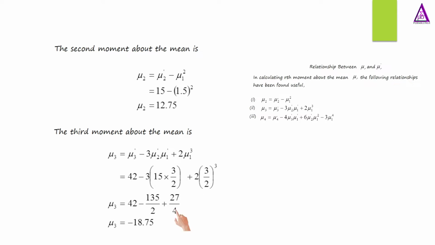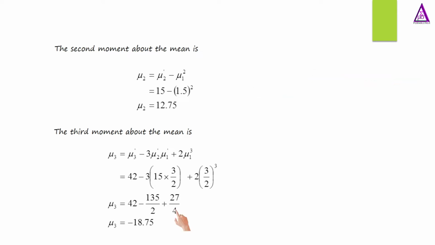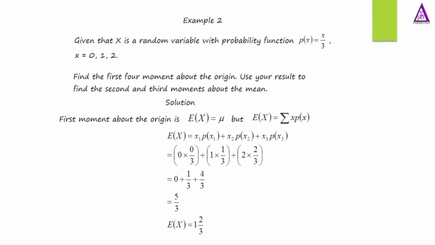That gives us 42 minus 135 divided by 2 plus 27 divided by 4. So, the third moment about the mean gives us -18.75.